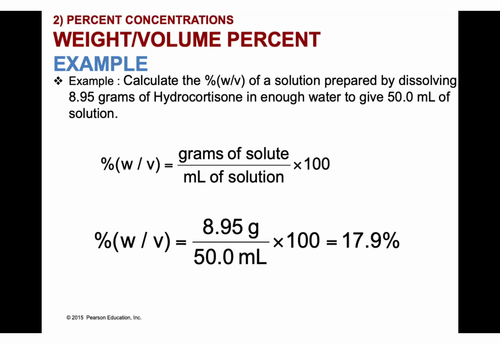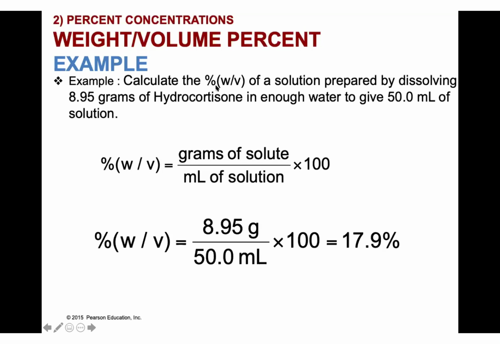Another type of question I want to tell you about is that they might give you milliliter here instead of the 8.95 gram, they give you 8.95 milliliter, and ask for W over V percent. Do you think I can solve it if they gave me milliliter here and also milliliter here? No, it is not a right question, guys.